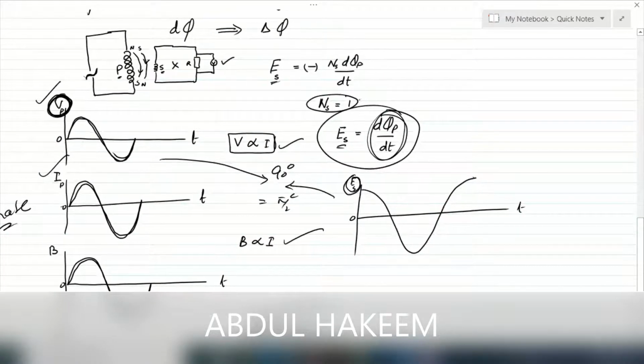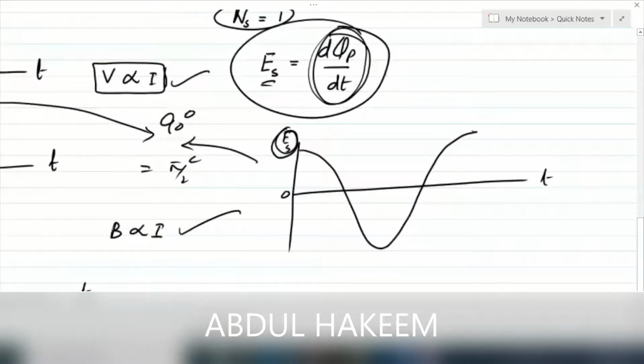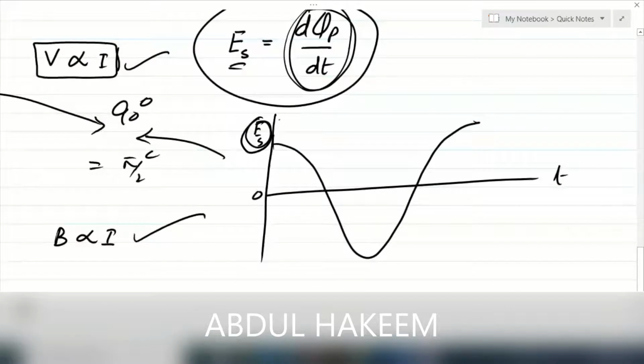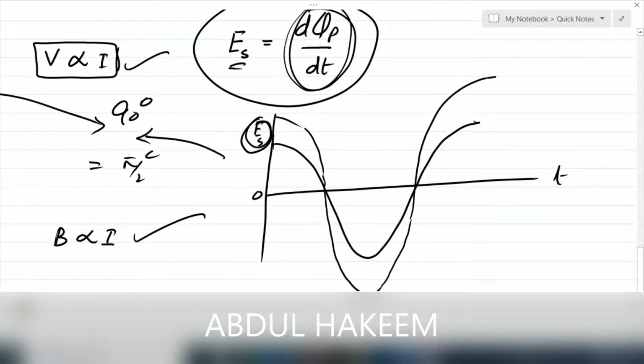Now, if the number of turns of the secondary coil is increased, what will be the effect? The effect will be on the amplitude. The amplitude will increase. More voltage will be induced, but the shape of the graph and the phase difference will remain the same.